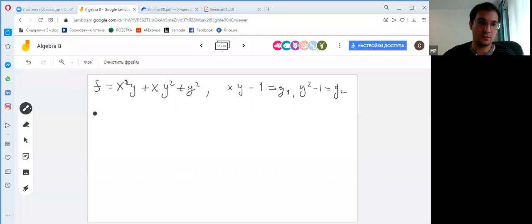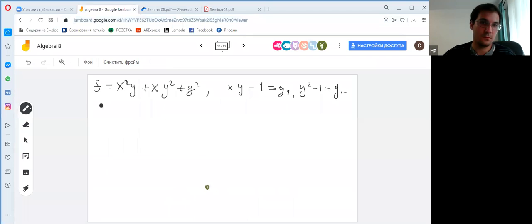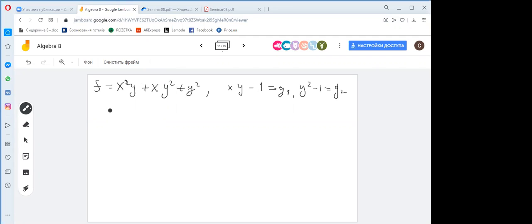Let us start. The task is the same. We want to show that a remainder of S is not unique. We just need to reduct this F by this system until we obtain remainders.